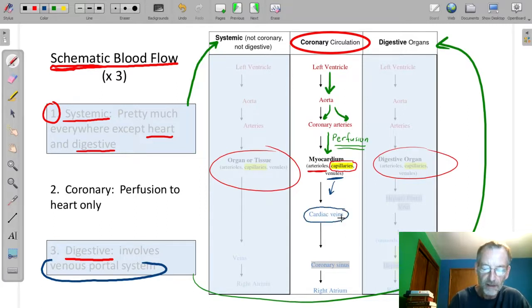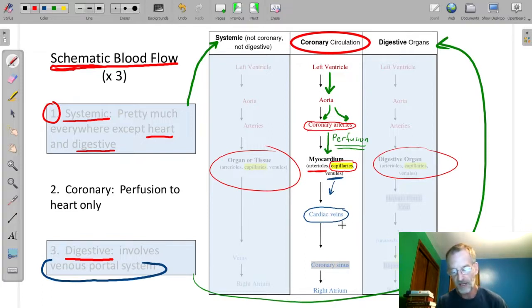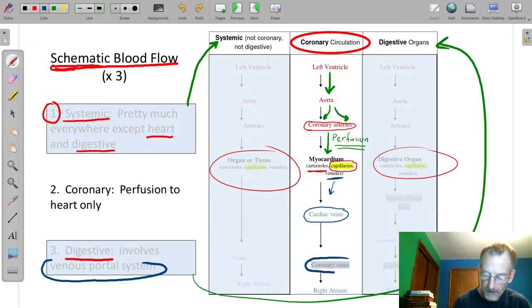So we have coronary arteries, and we have cardiac veins. And those veins then drain into the coronary sinus, which we'll take a look at. Wanted blue for venous blood. Drains into the coronary sinus. It's done its job. It's perfused the heart. It now needs to go back and pick up more oxygen.